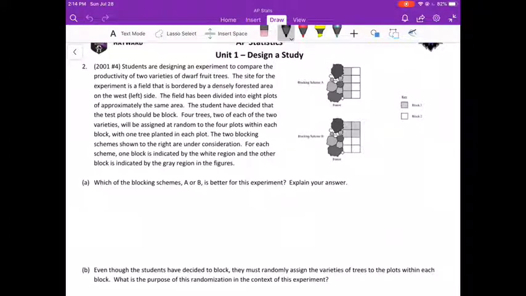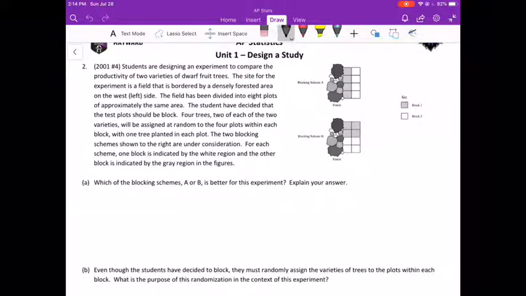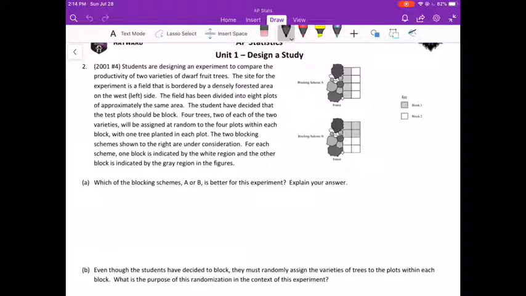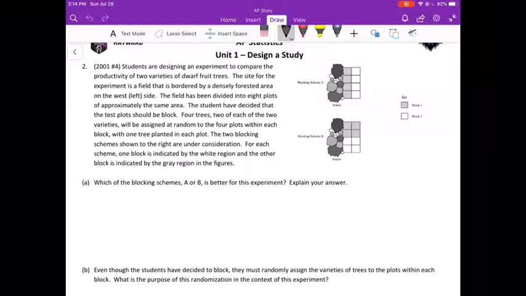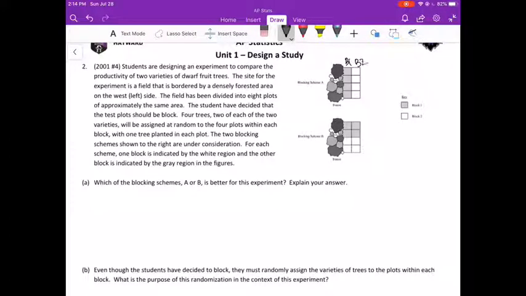For each scheme, a block is indicated by the white region and the other block is indicated by the gray region. So here, schematic A has block 1 here, this is block 2, and for this one, here's block 1, and this is block 2. Okay, which of the blocking schemes, A or B, is better for the experiment? Explain your answer.